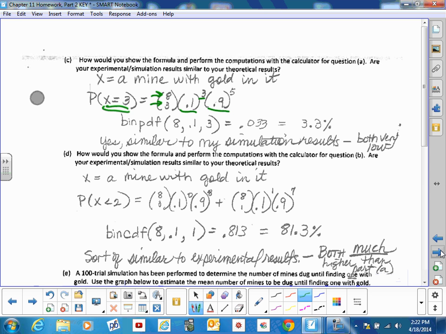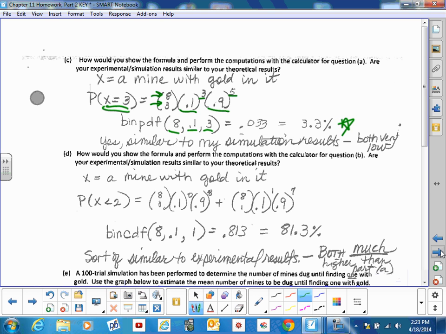Failure is 0.90 that did not have gold, and 5 of those do not have gold. So when you go put this in your calculator, it's your binomial PDF of n, p, k. And that came out to 3.3%, which is similar because I had gotten 0% according to my simulation. And so you can tell this is a very low number, close to 0%.